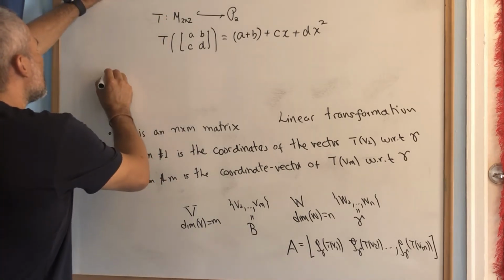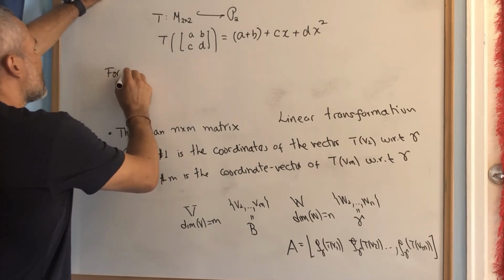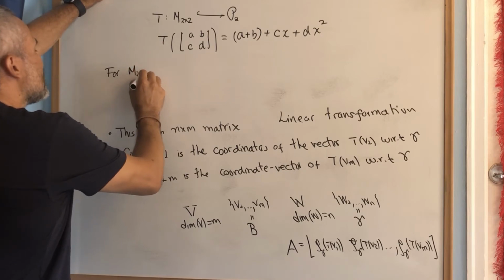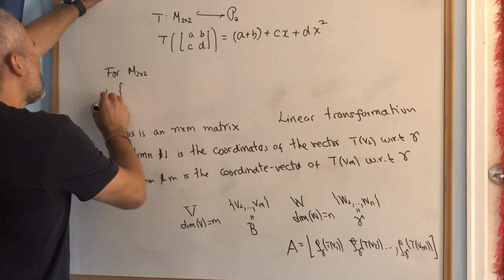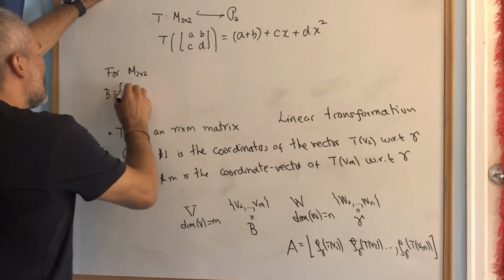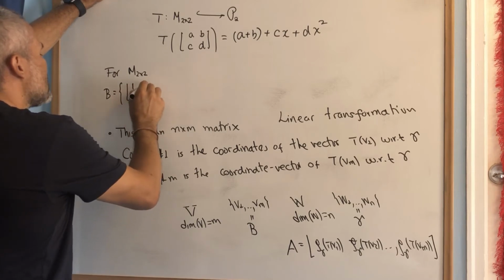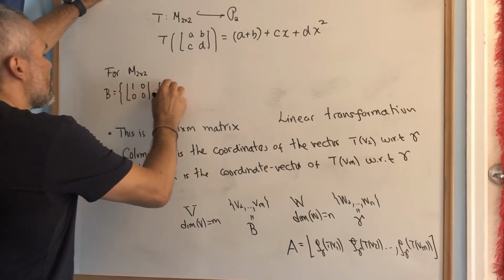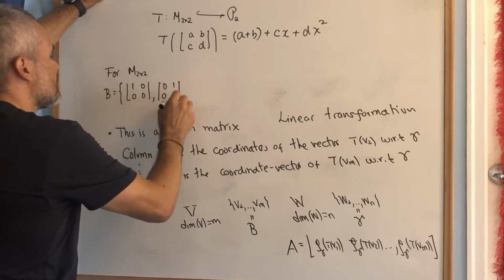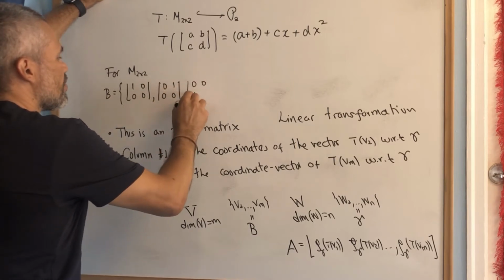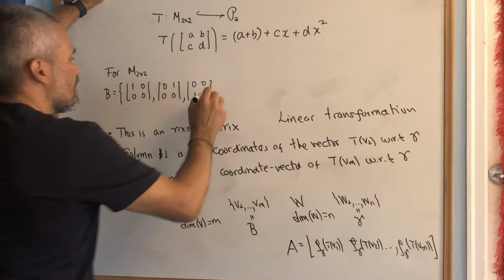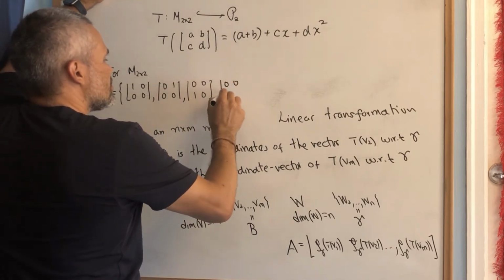For M2, for 2 by 2 matrices, I'm going to pick the basis (1, 0, 0, 0), (0, 1, 0, 0), (0, 0, 1, 0), and (0, 0, 0, 1).